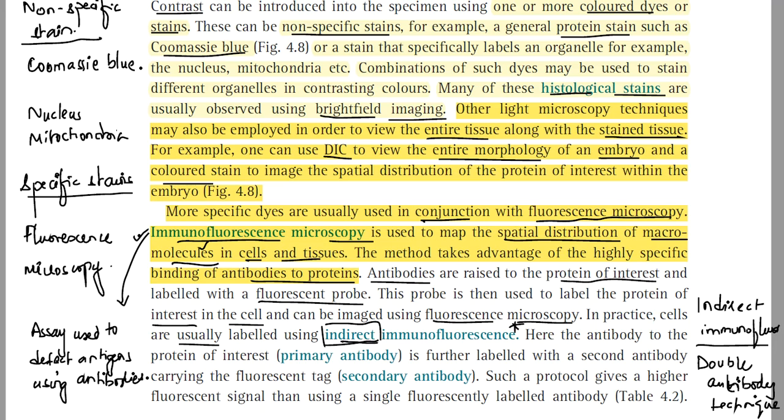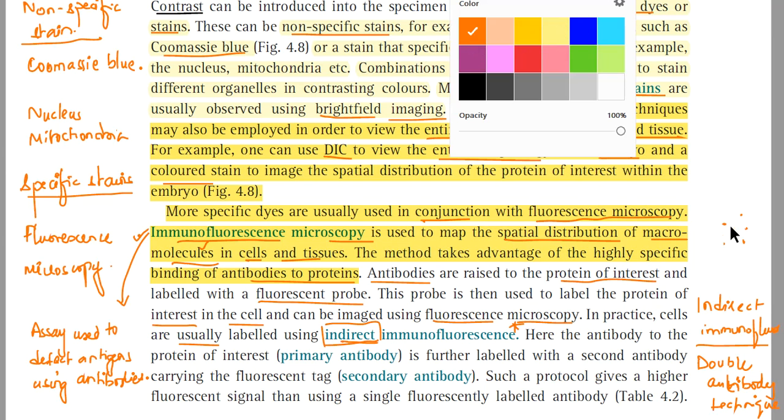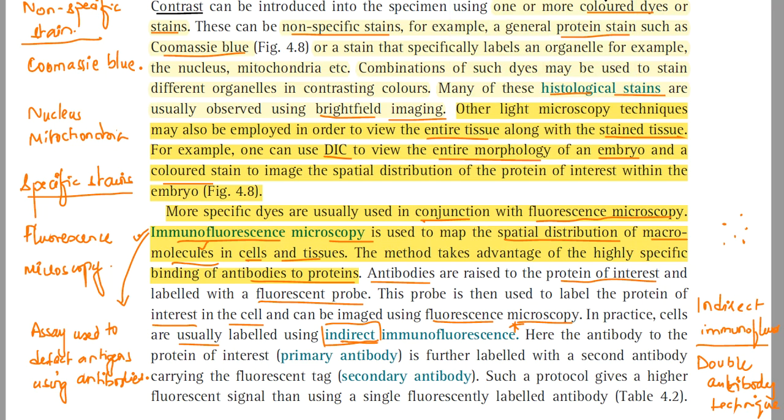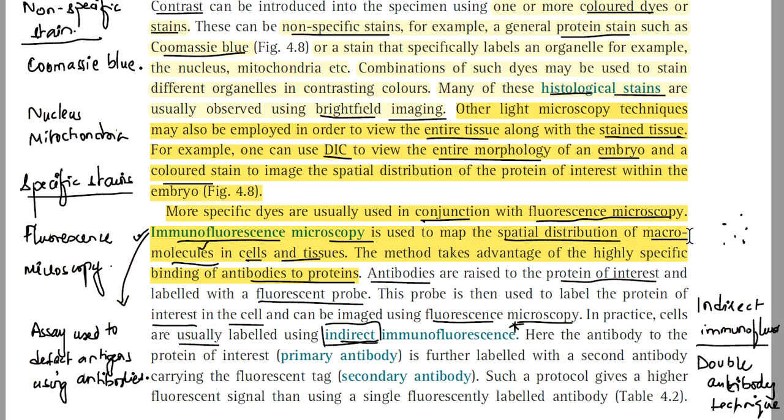Here, the unlabeled antibodies have bound to the antigens. Say, for example, these are antigens. Black would be fine.